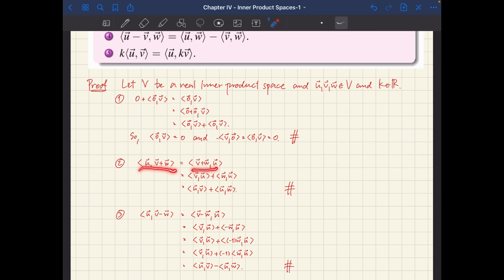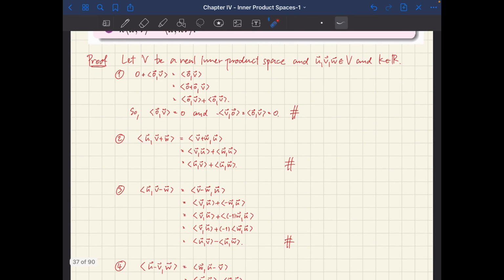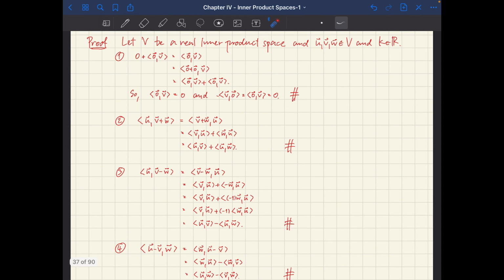And next we use the additivity axiom to separate this inner product. And we use the symmetry axiom again, and we obtain it. For number 3, we use the symmetry axiom one time, and for the second one, as in number 2, we use the additivity axiom.